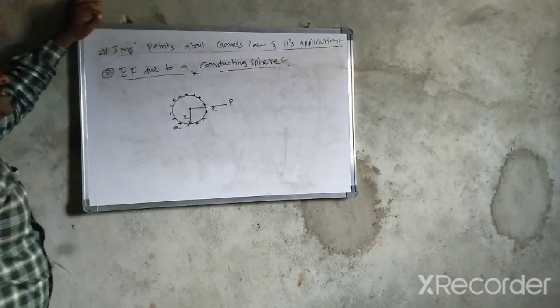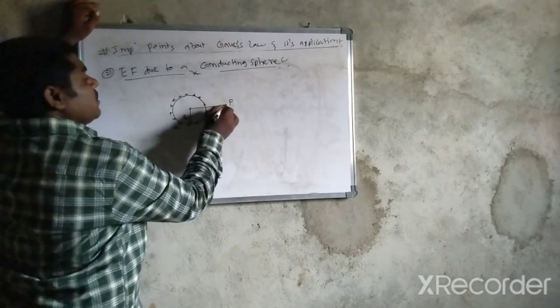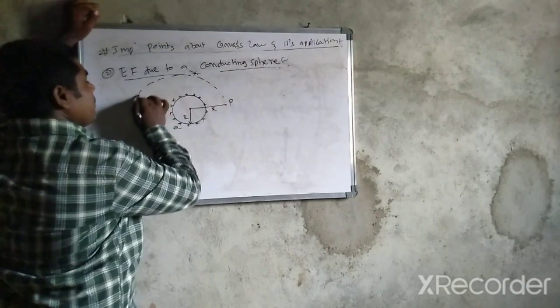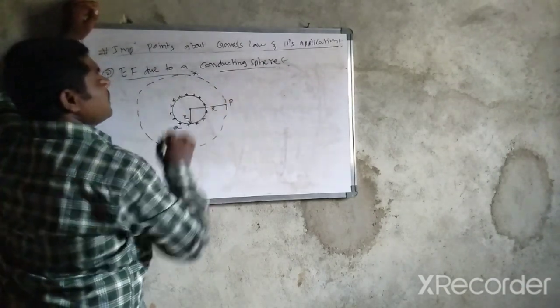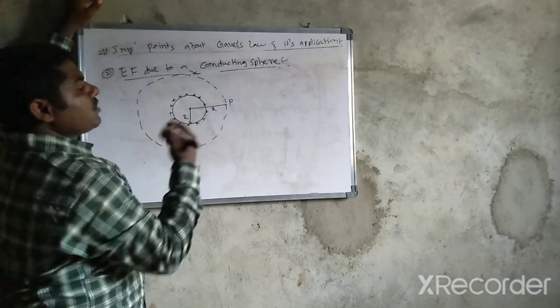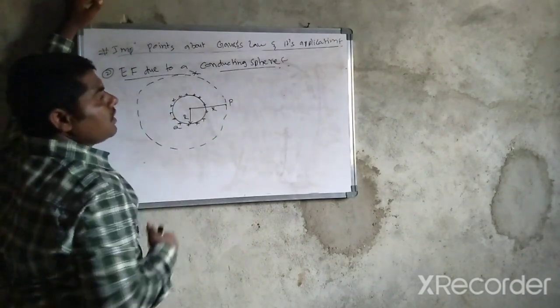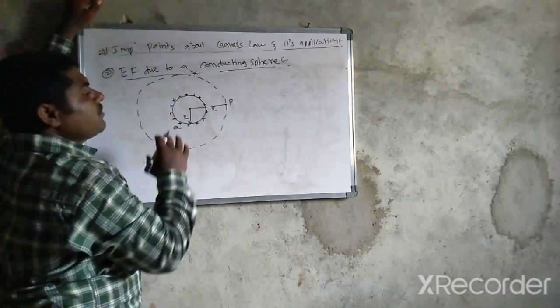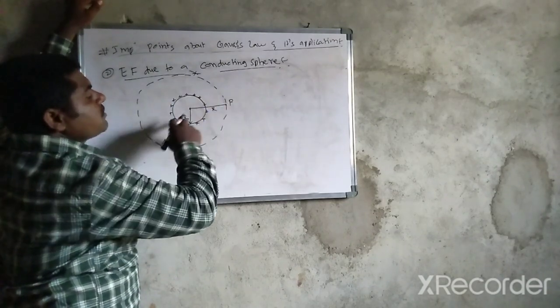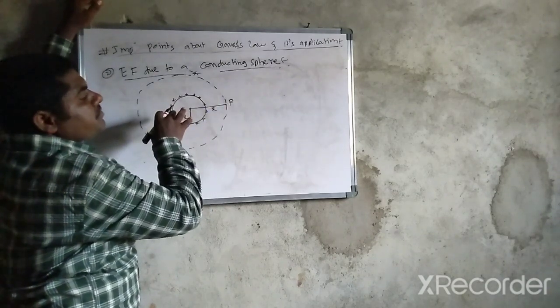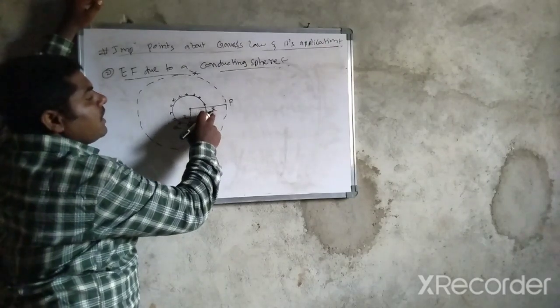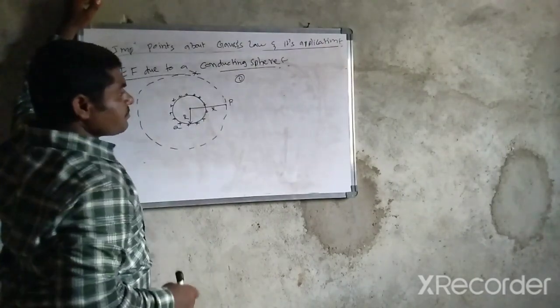You may draw the first Gaussian surface. In this Gaussian surface, the point is outside the conducting sphere, at distance X from the center, the very first case.